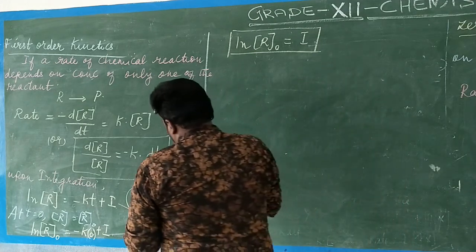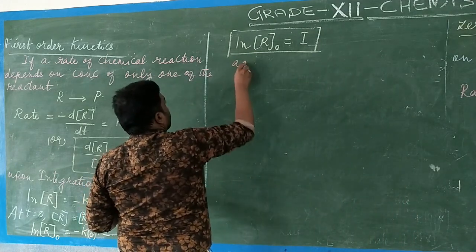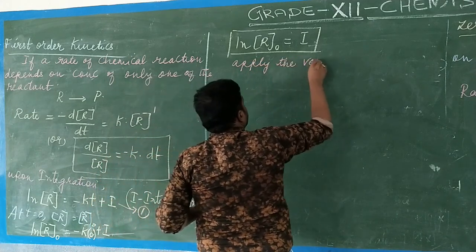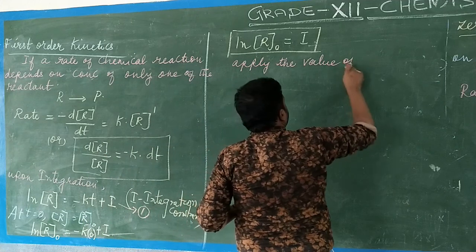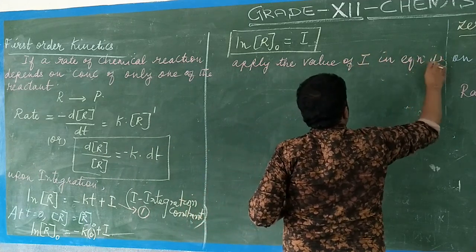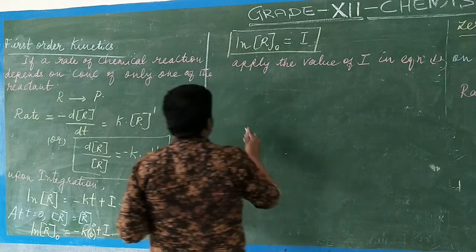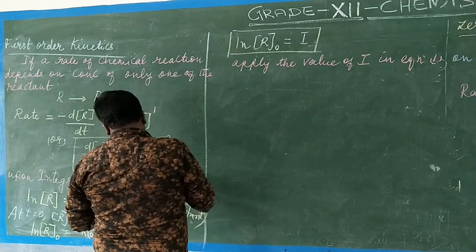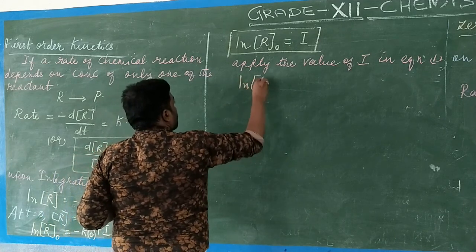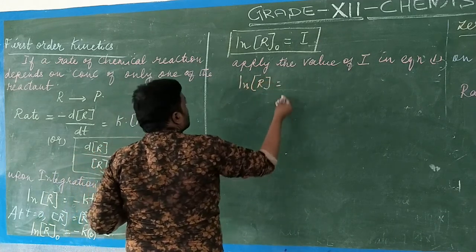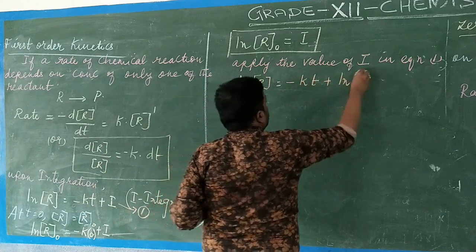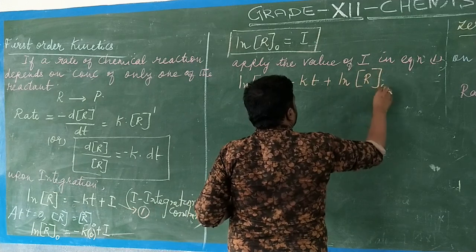Now apply the value of I in equation 1. What will happen now? ln of concentration of R is equal to minus K into T plus ln of concentration of R naught.